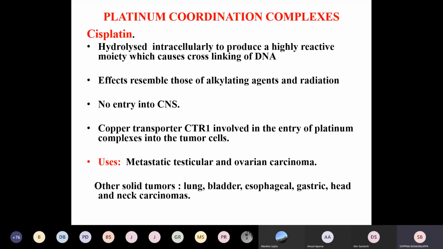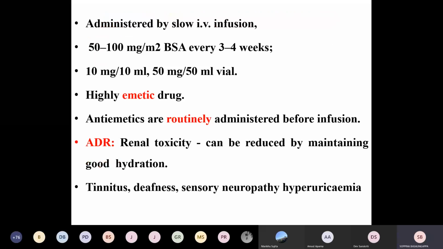Uses: metastatic testicular and ovarian carcinoma and other solid tumors like lung, bladder, esophagus, gastric, and head and neck carcinomas. Now this drug is administered by slow IV infusion because it is highly emetic, and antiemetics are routinely administered before the infusion.